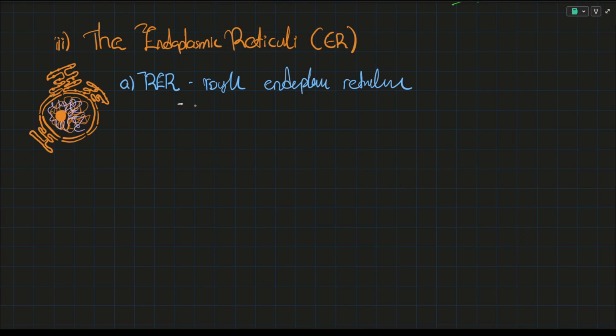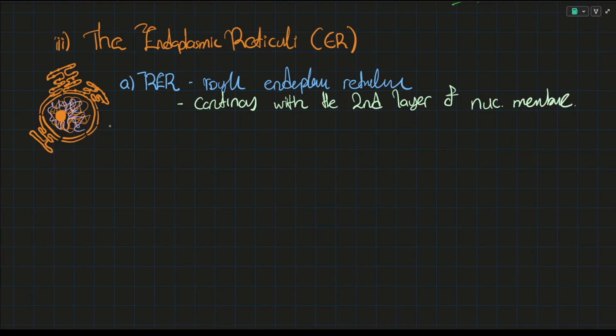The first point that you can obviously see, and I mentioned, is that it is continuous with the second layer of nuclear membrane, and it has the rough appearance because ribosomes are embedded.